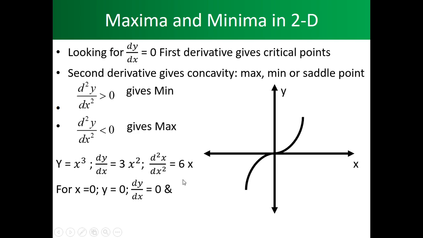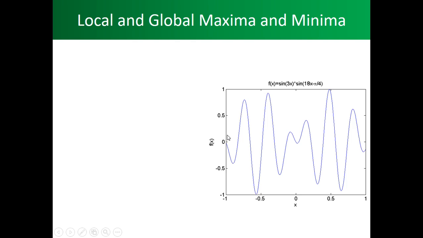If we put 0 into the first derivative, we get 0. If we plug x equals 0 into the second derivative, we get 0 again. It's not greater than or less than 0, so it's what we call a saddle point, right here in the middle where x equals 0 and y equals 0.